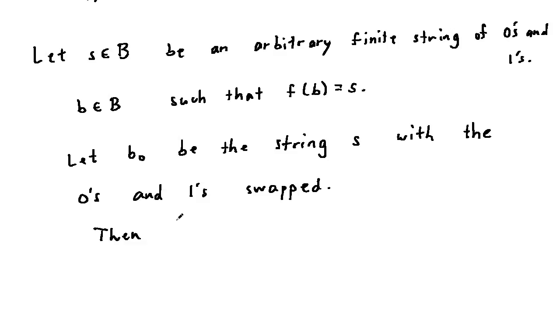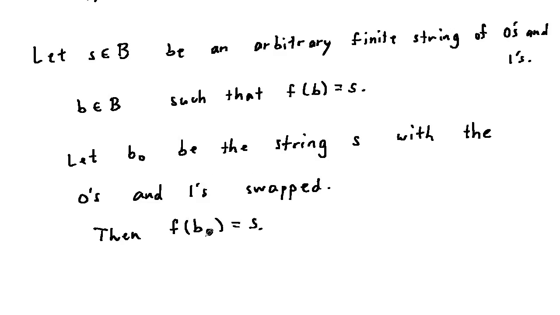Okay, then f(b0) is S because swapping the zeros and ones twice returns the original string. So remember b0 is S with the zeros and ones swapped.